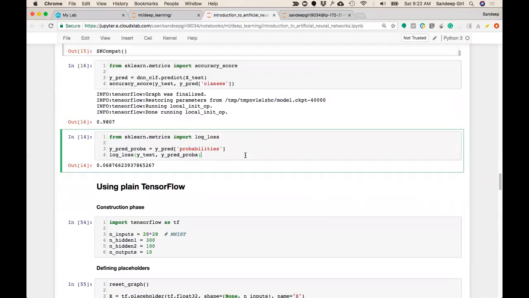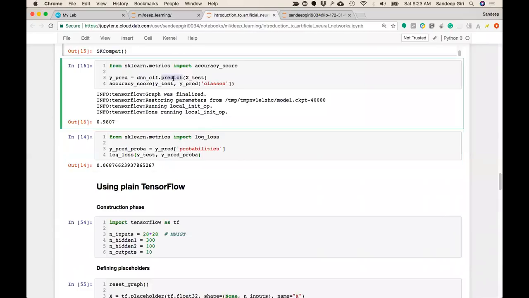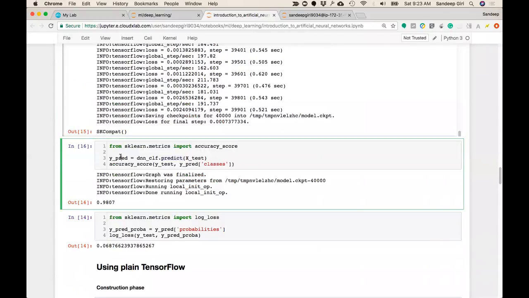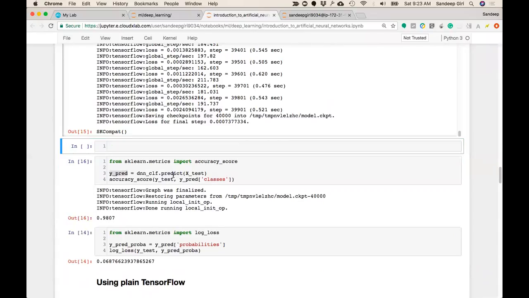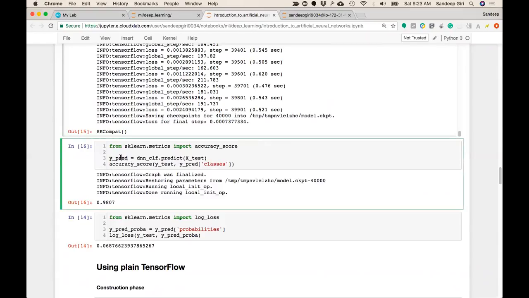Good question from Pavan. Pavan's question is, is there any way to check where the 2% of data was not accurate? Yes, you can check. Use the standard predict like this, so you have got predictions. Take these predicted values and the actual classes, and find the places where y predict and y test are not equal.